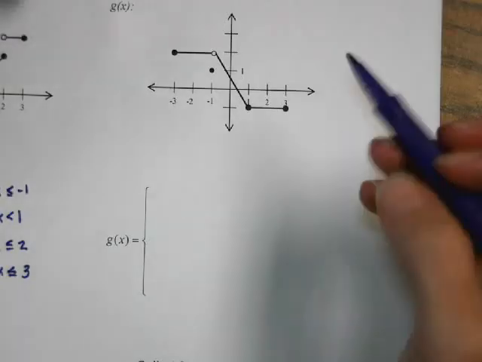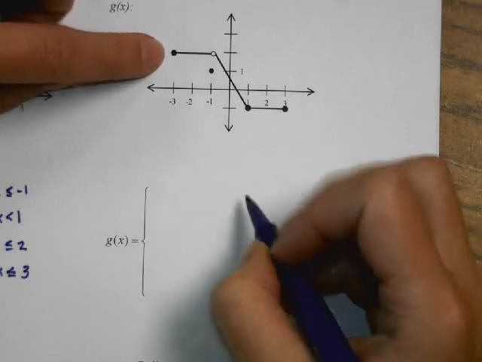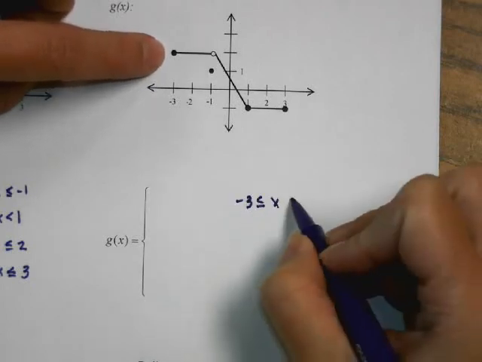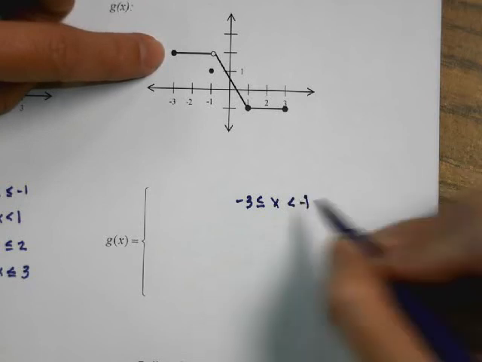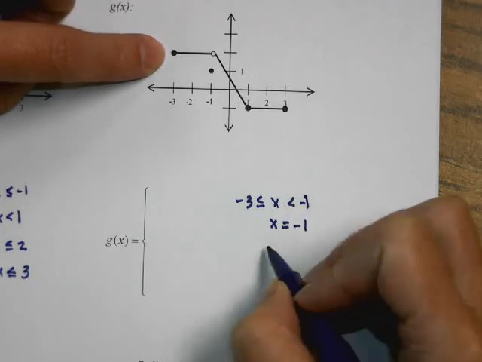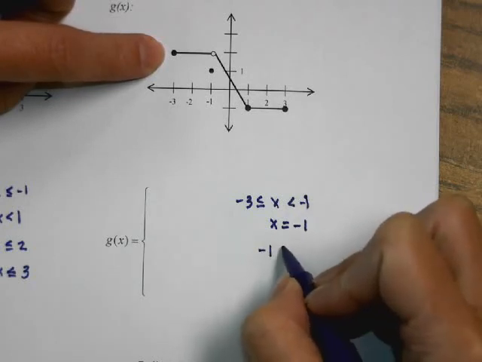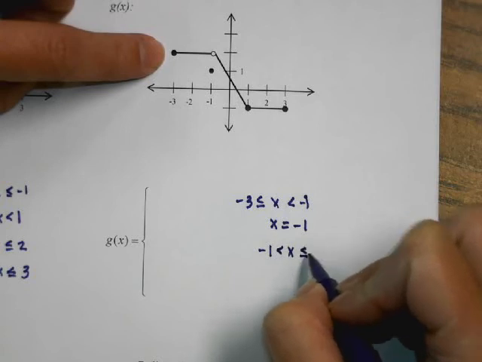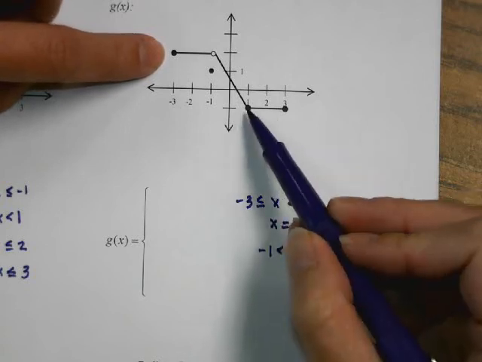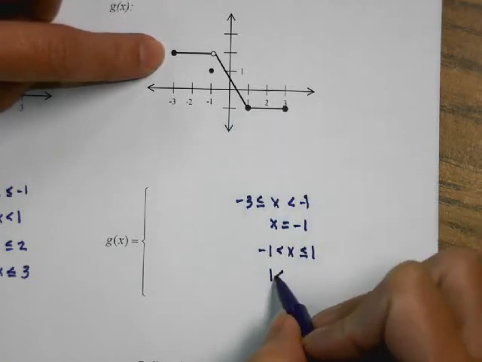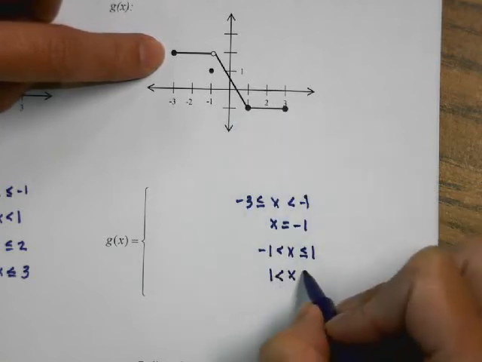Okay, we'll do the same thing here. So we have something from -3 to -1. We have something at x equals -1, going from -1 to 1, and this one, we can include the 1 on either this graph or this graph, or equation.